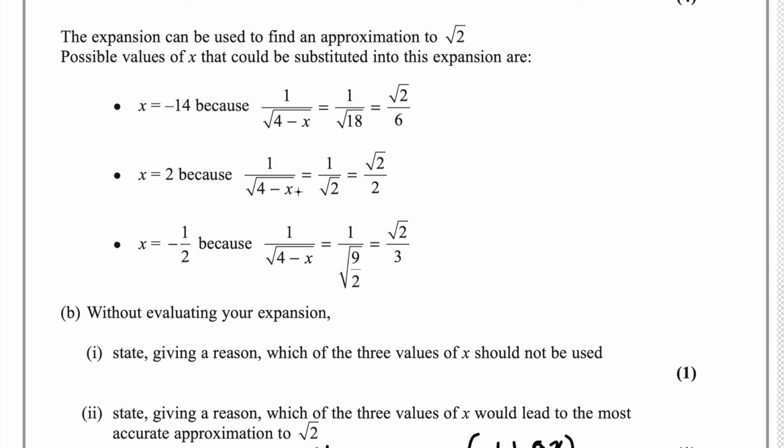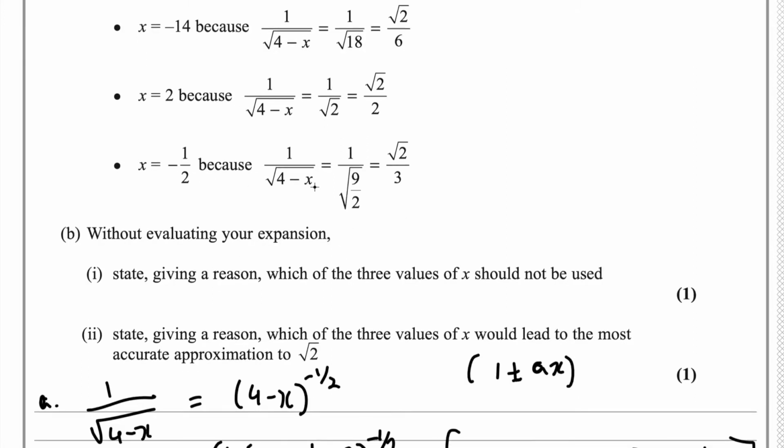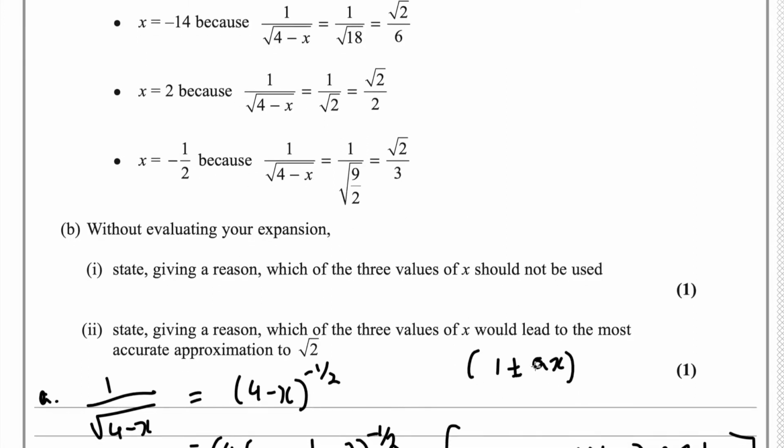For part B, I, we're trying to find which of these values of x should not be used, in other words, what is invalid. When you're expanding binomially an expression like this to a negative or fractional index, there is one rule that applies to the domain of substitutions: the modulus of ax must be less than 1.